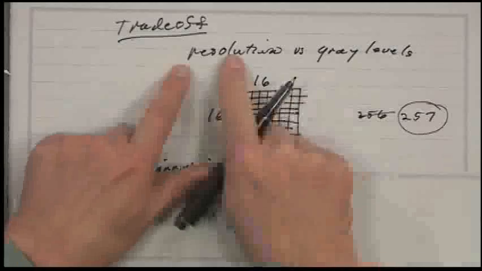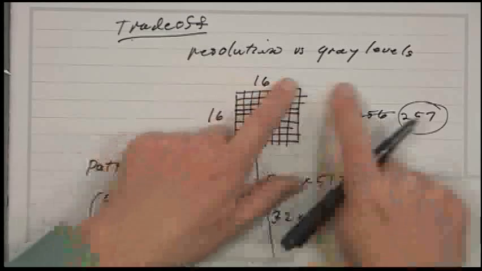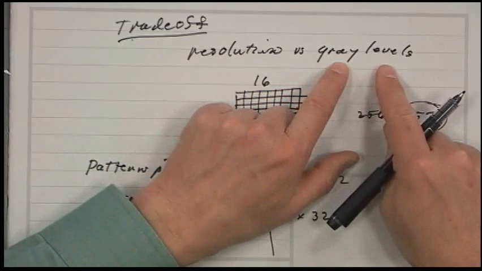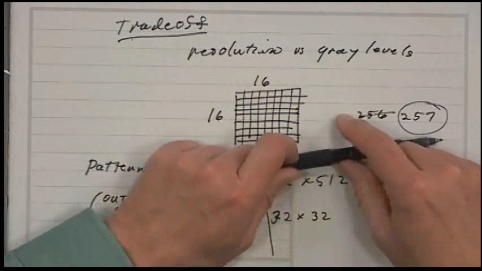You can have a lot of resolution with one gray level, or you can have a lot of gray levels, but you lose a lot of resolution. So it's an undesirable trade-off.